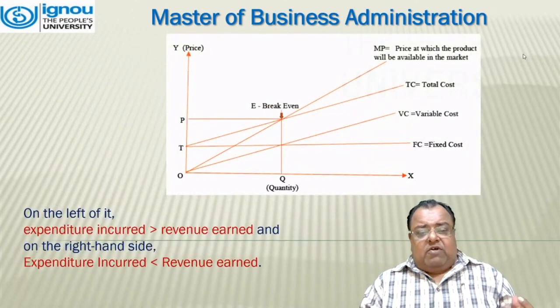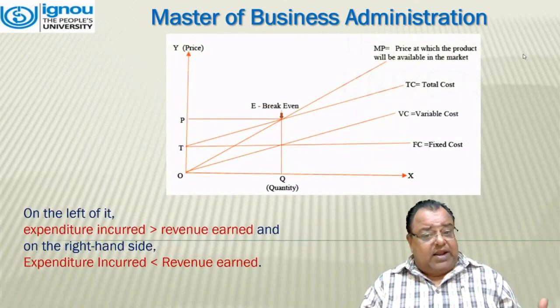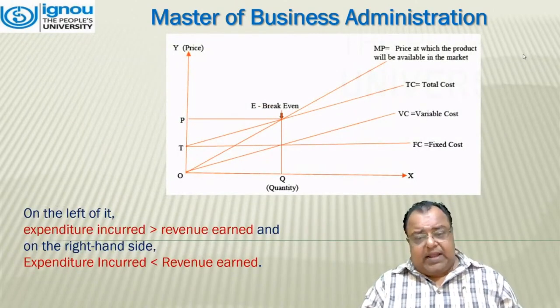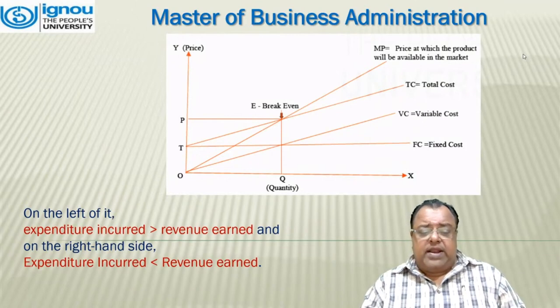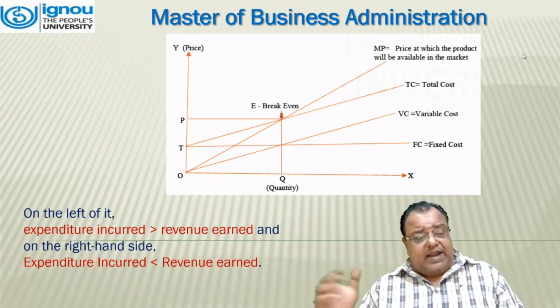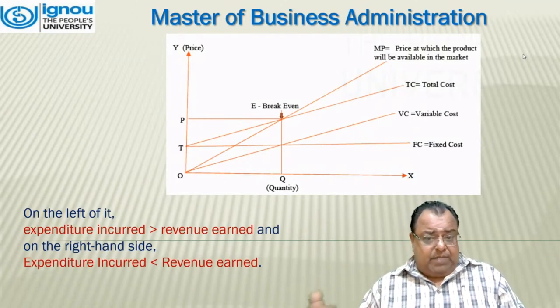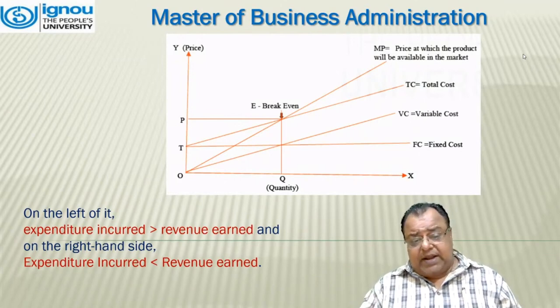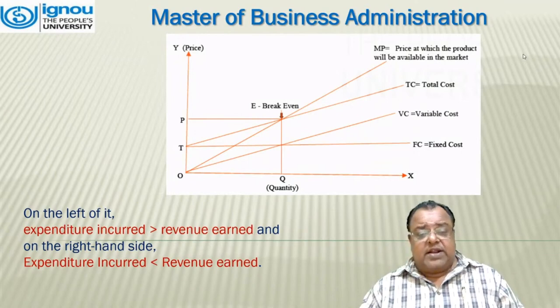On the left of the break-even point, expenditure incurred is greater than revenue earned. And on the right side of the break-even point, expenditure incurred is less than revenue earned.